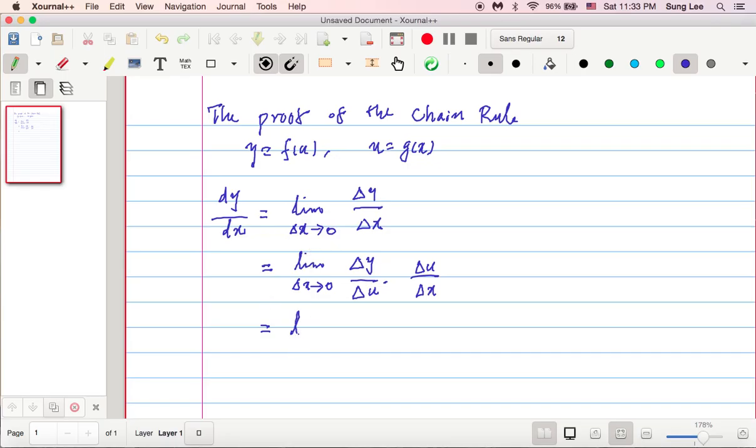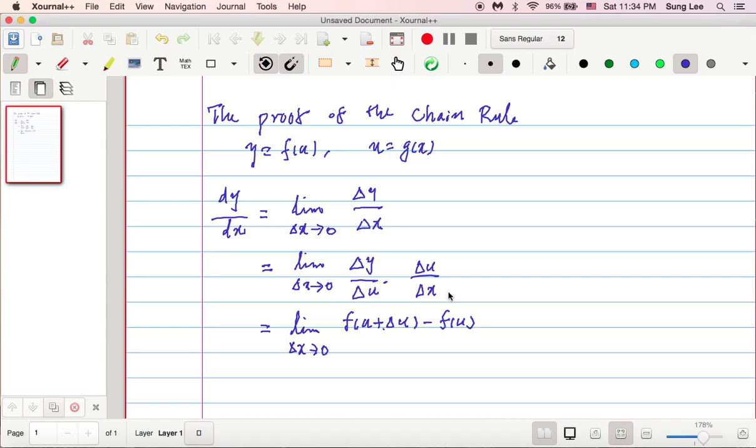So here now, limit delta x goes to 0. What is delta y? Delta y, the increment in y in terms of f: when the increment in u is given by delta u, delta y is given by f of u plus delta u minus f of u, right?